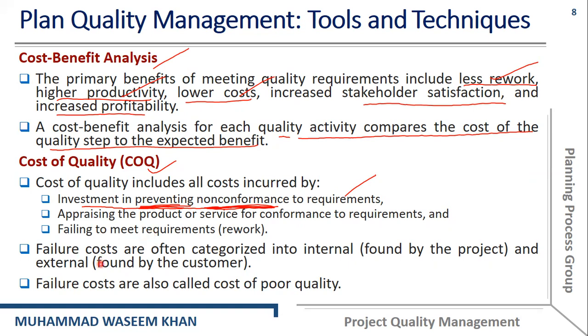So failure costs are often categorized into internal cost or external cost. Failure costs that are found by the project team members are called the internal failure cost, and the second one is external failure cost, and these are actually found by the customers.